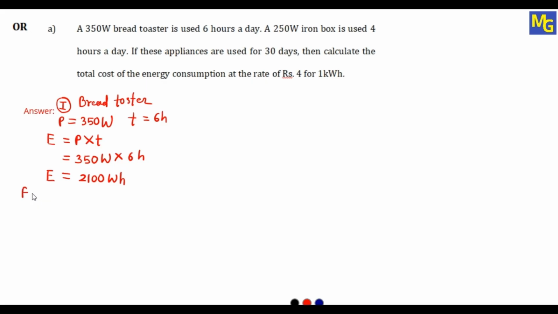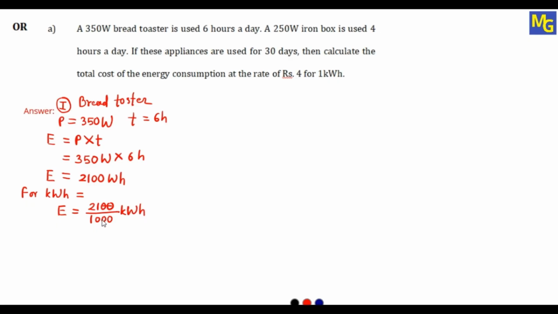So for kilowatt hour, we have to divide this by 1000. Therefore energy is equals to 2100 divided by 1000. And this answer will be in kilowatt hour.